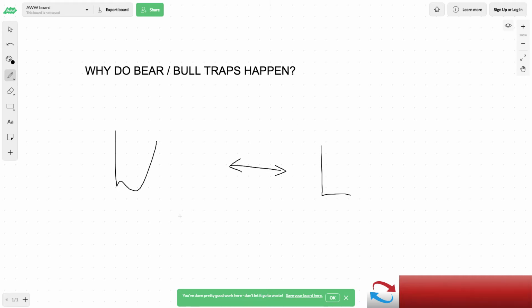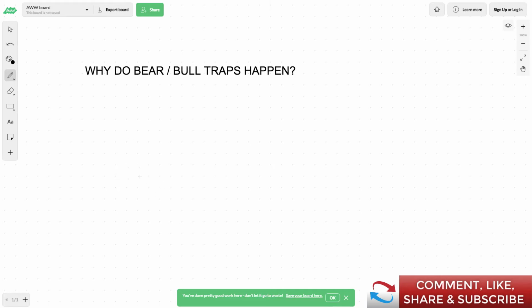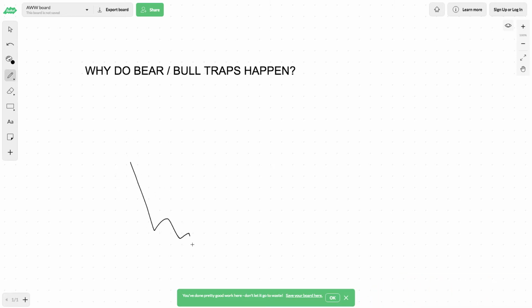So let's say, for example, you've been caught in the bear trap. You see a level, you see prices break out, you place your stop above the swing. Now, whenever you press sell, there has to be someone on the opposite side of your trade.